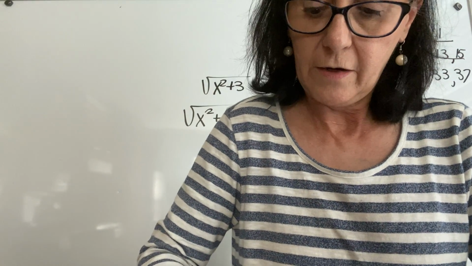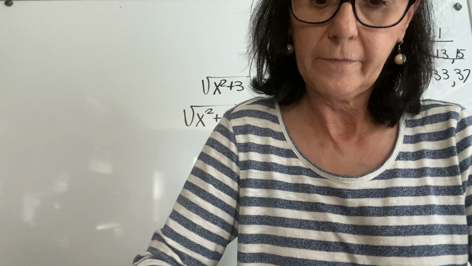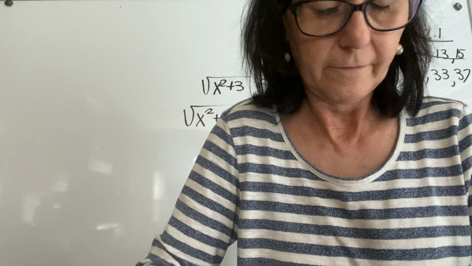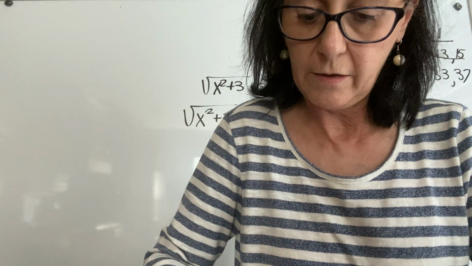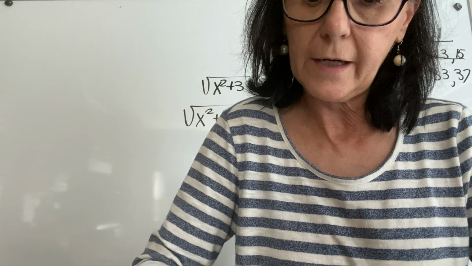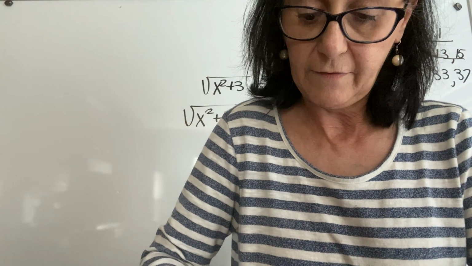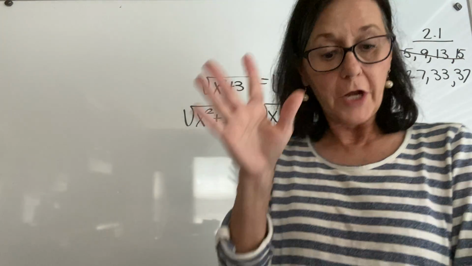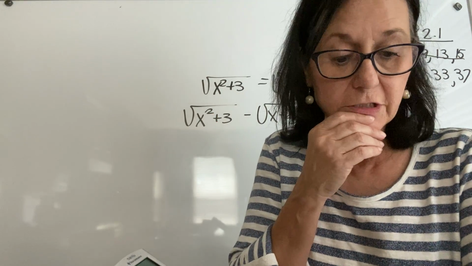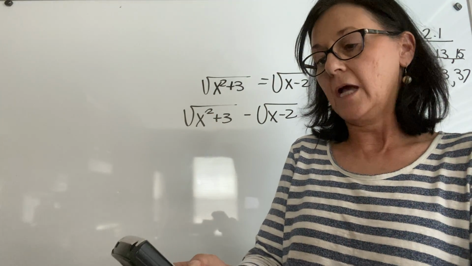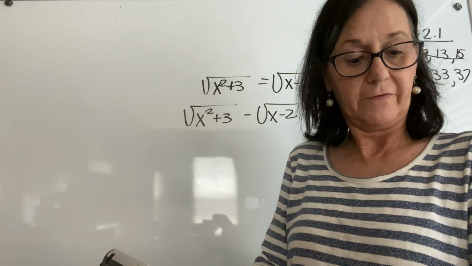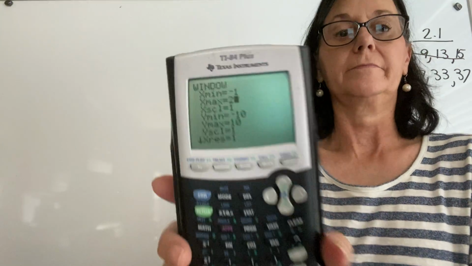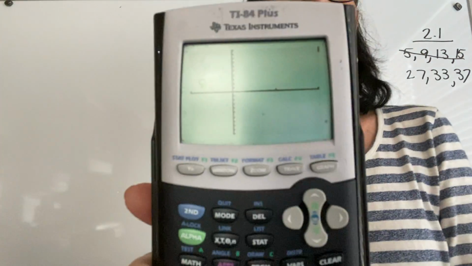All right, 12x to the 4th minus x cubed minus 12x squared plus 25x minus 2. I only want to know the solutions between 0 and 1. All right, so I'm going to make my x window -1 and +2. And then graph it and see.